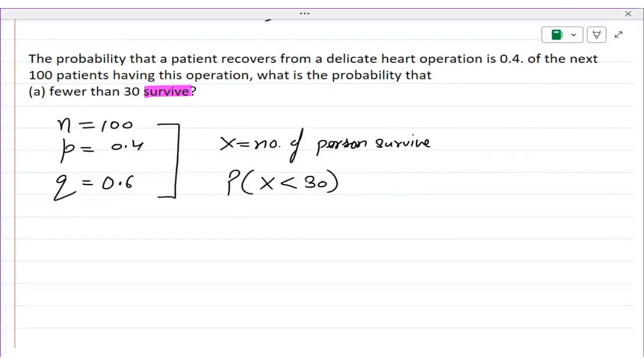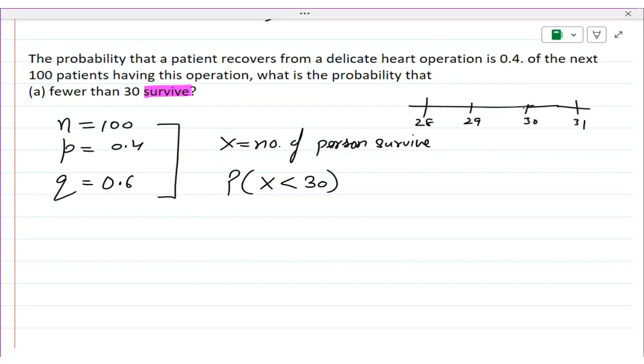Now 30 does not mean 30 here. 30 means 29.5 to 30.5. The meaning of 30 is like either 28 will survive, or 29, or 30, or 31 will survive, right?